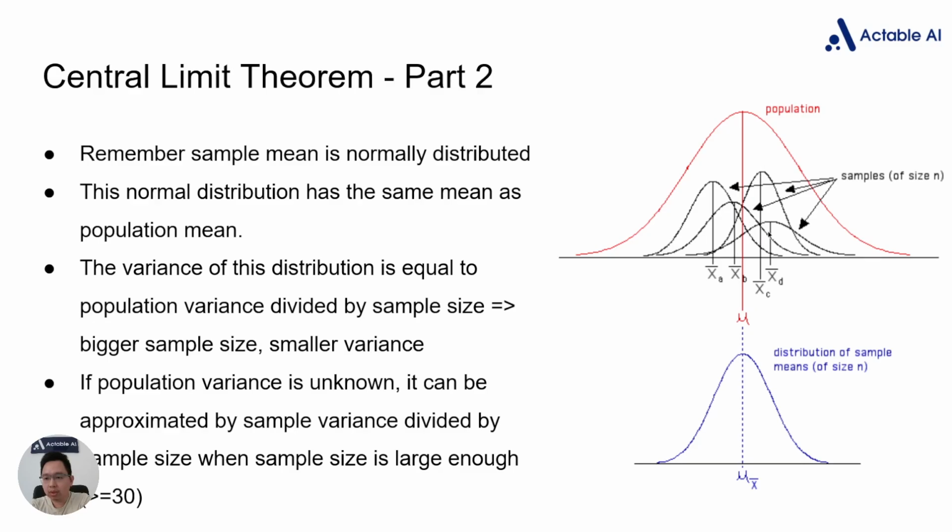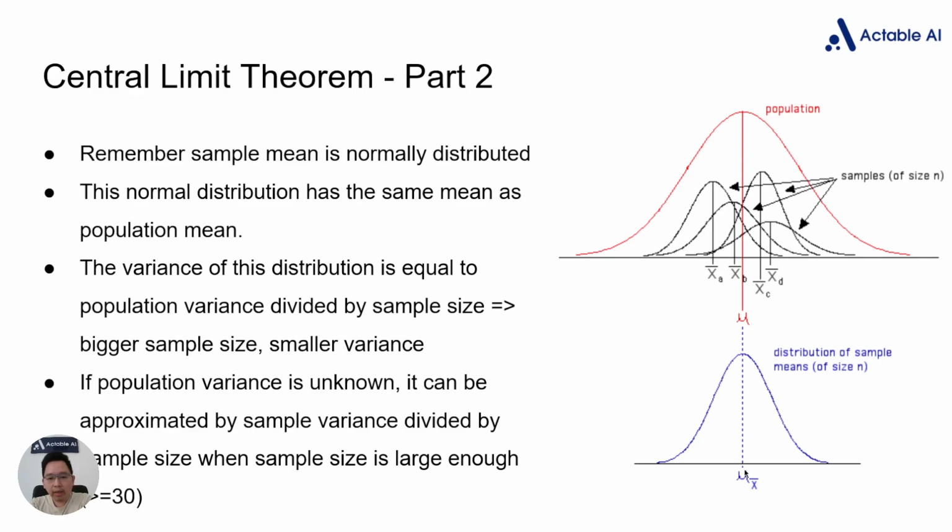If you take samples multiple times, you can have different samples, and each sample has a mean. Let's say SA, SB, SC, and SD. The second part of the central limit theorem says that the mean of SA, SB, SC, and SD is actually equal to the mean of the population.